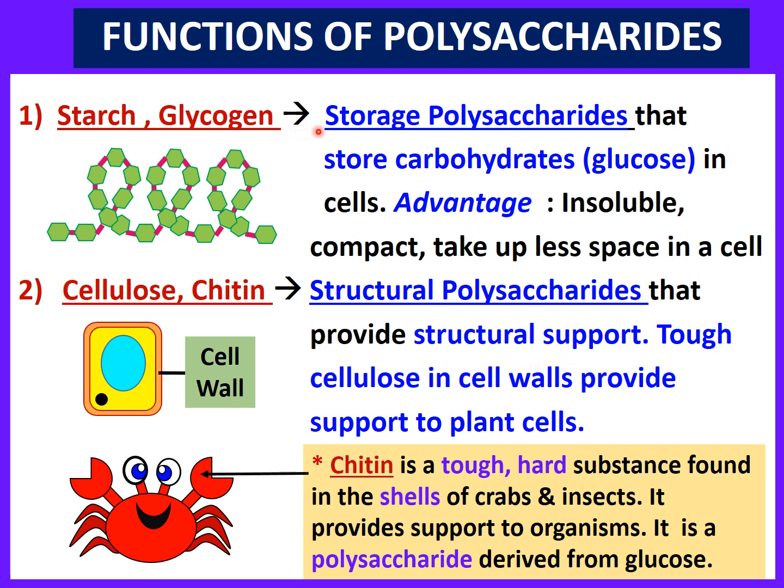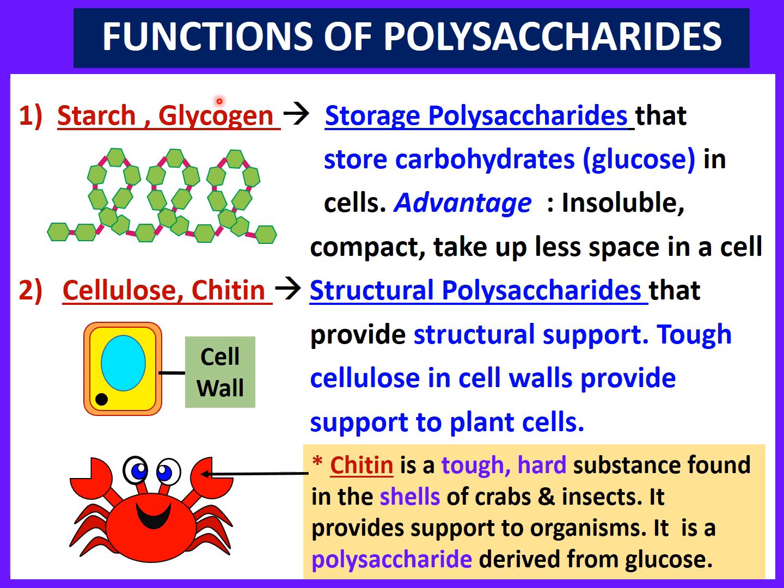Starch and glycogen are known as storage polysaccharides because they store carbohydrates in the cells. For example, glycogen consists of glucose molecules that are joined together in a long chain. So when the body needs to use glucose and there is a lack of glucose in the blood, the glucose will be obtained from the glycogen molecules.